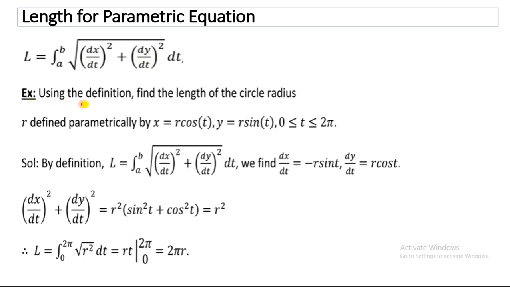Example: using the definition, find the length of a circle of radius r. It is defined parametrically by x equals r cosine t, y equals r sine t, with t from 0 to 2 pi.